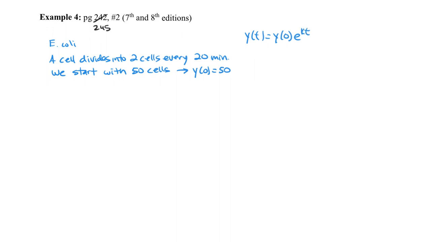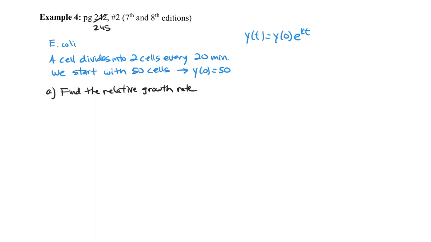And remember, this is the general formula which is the solution to that differential equation, dy dt equals ky. So that differential equation models this situation. We're just going to use this general formula to solve the problems they bring up in this question. The first question they ask is to find the relative growth rate.